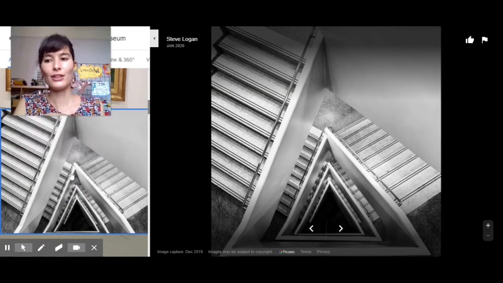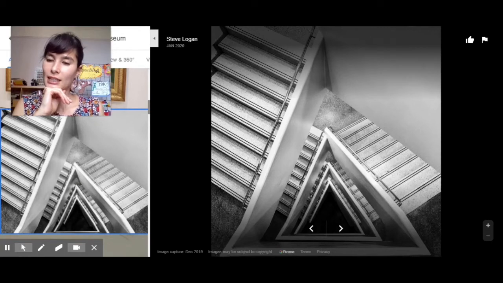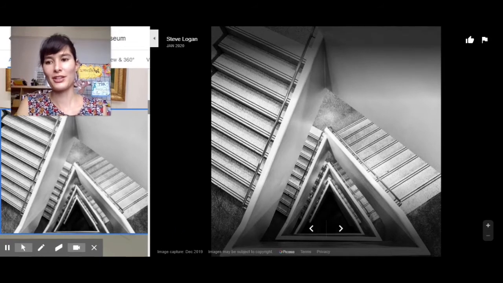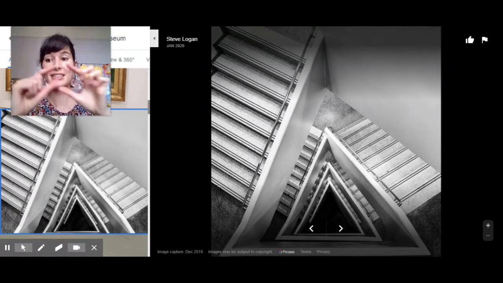Look at that. Look at the stairwell. What shape do you see? I see a lot of rectangles and triangles. So we could call these concentric triangles. It's triangles that happen inside of each other.